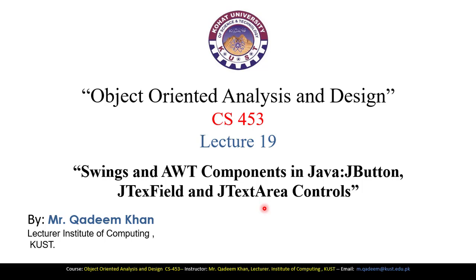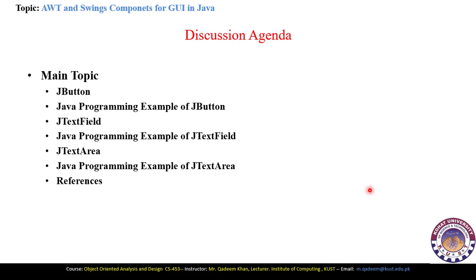So these are two very important controls. Similarly, JButtons provide clickable events to the user. So when a user clicks with the mouse on certain buttons, then certain operations are performed here.